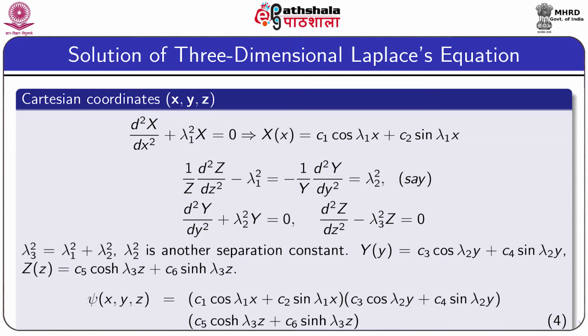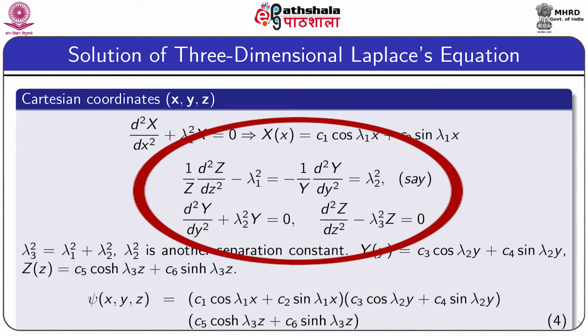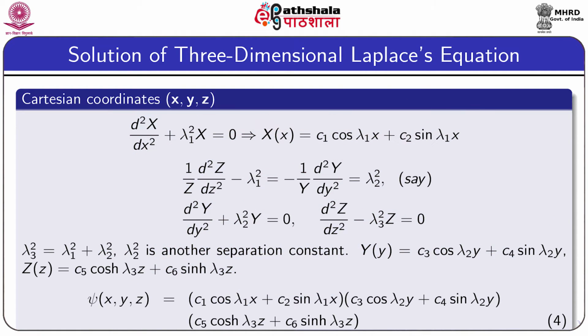So, if we equate minus 1 by Y d2Y dy square to lambda 2 square, we get an ordinary differential equation: d2Y dy square plus lambda 2 square Y equals 0, and we can easily write the solution of this equation. Capital Y equals C3 cos lambda 2 y plus C4 sin lambda 2 y, where both C3 and C4 are constants.